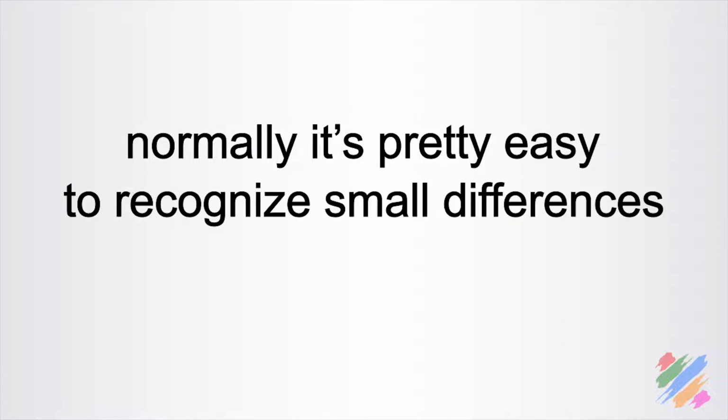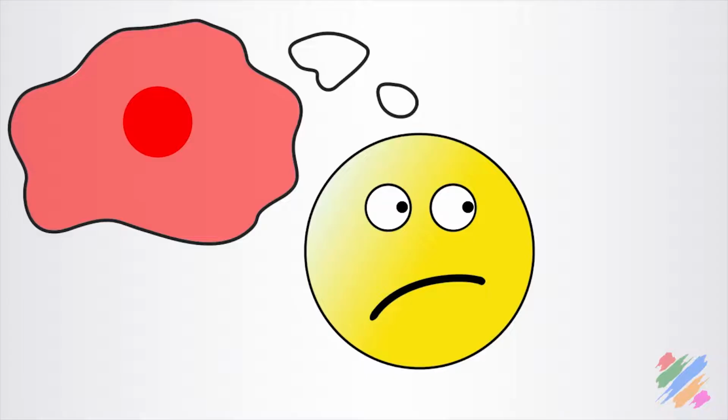Normally, it's pretty easy to recognize small differences between two similar grades of the same color if they are joined by a sharp border or a short length fading. Things get more complicated when we have a long transition. In this case, the trick to find if there is a fading is to look alternating in two different positions with a certain distance between them, trying to remember as much as possible the color in each position.